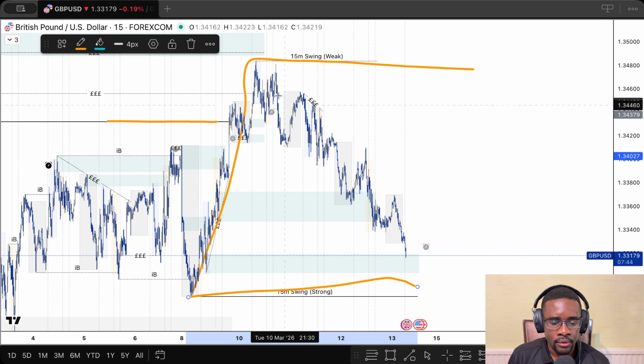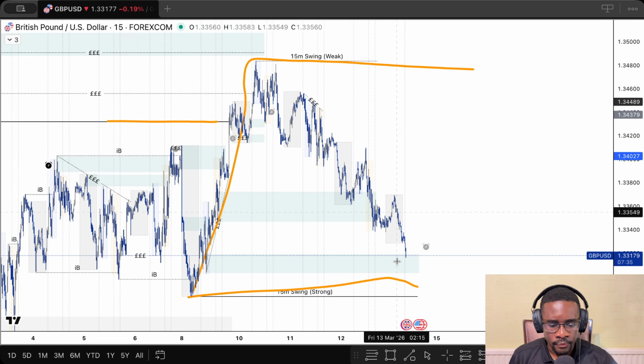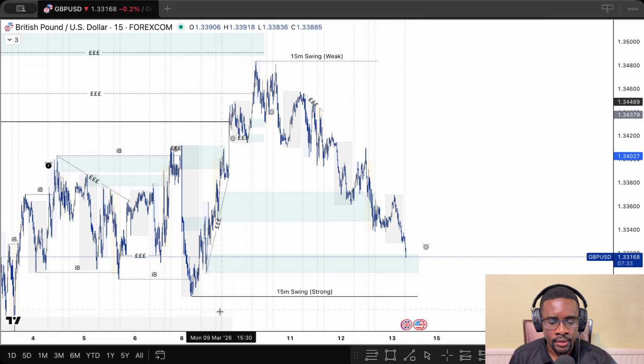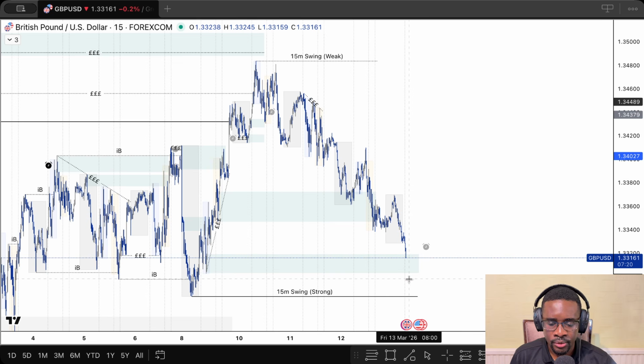And then price has been pulling back, pulling back. Okay, now we've mitigated this area. Now it is likely that this area could be swept. So price could continue, sweep this area, and then mitigate this extreme. So I'm gonna be looking for longs. Pretty much that's what I'll be waiting for.